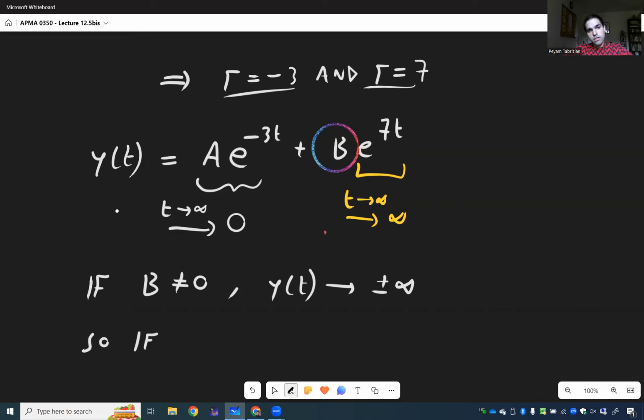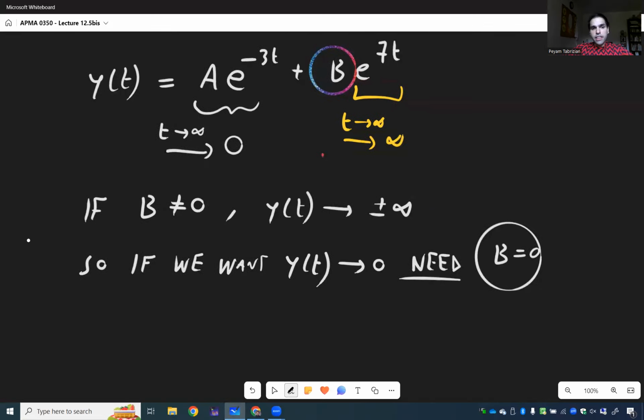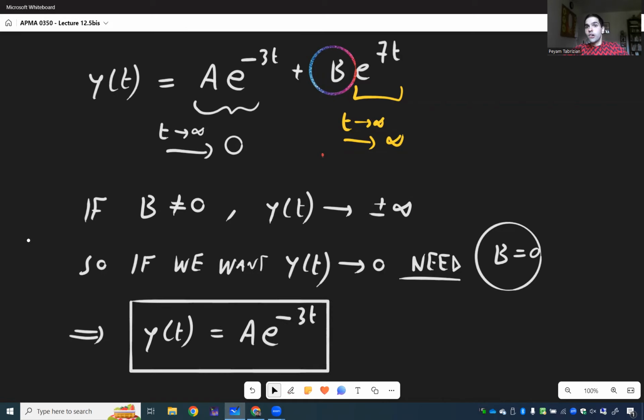So if we want y of t goes to 0, we need b equals 0. So in fact, b equals 0, and therefore y of t is a e to the minus 3t, which indeed goes to 0 as t goes to infinity.